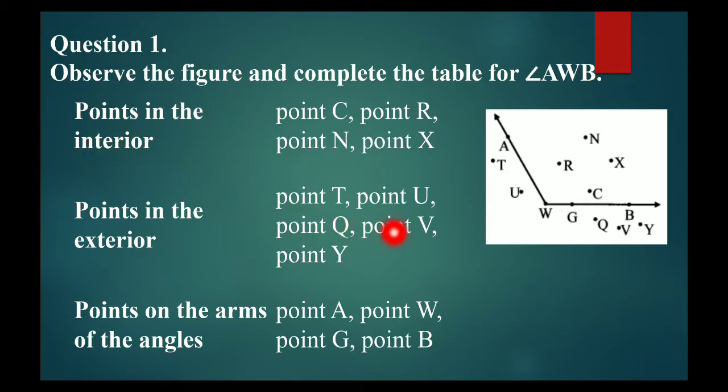Point C, point R, point N and point X. Now points in the exterior: point T, point U, point Q, point V and point Y. The points on the arms: point A, point W, point G, point B. I hope you all have understood. So I am going to the next question.